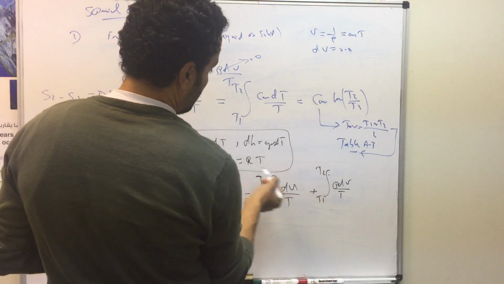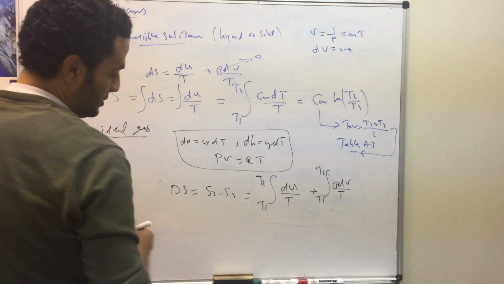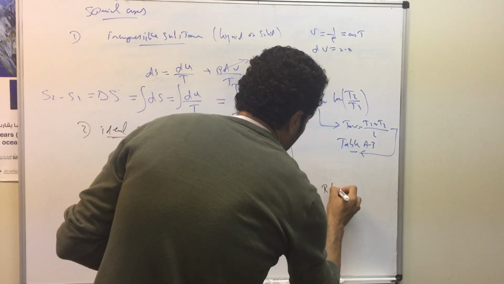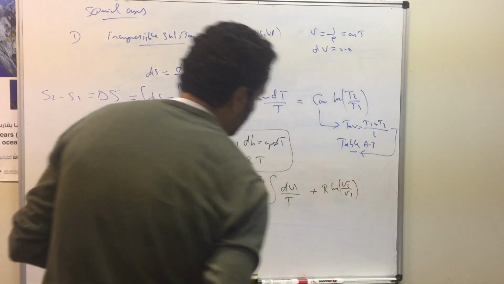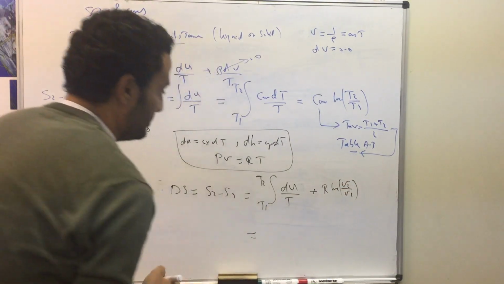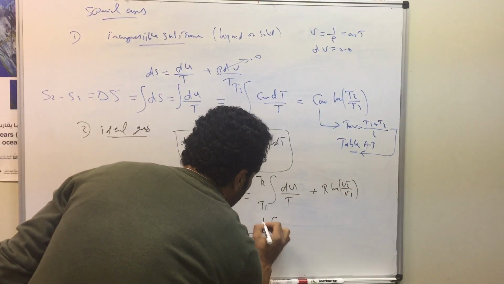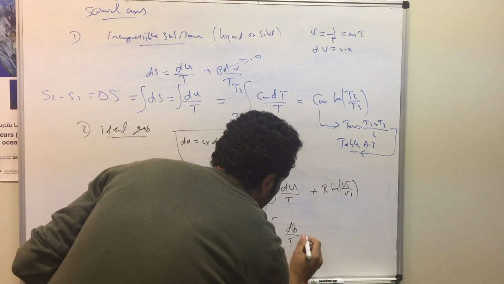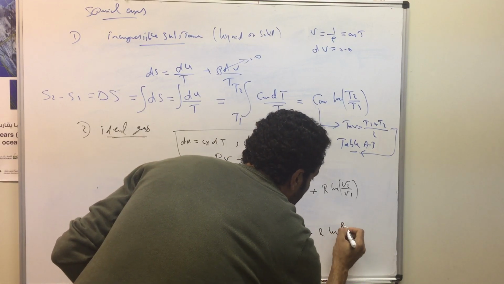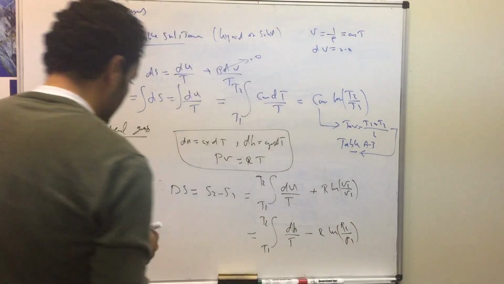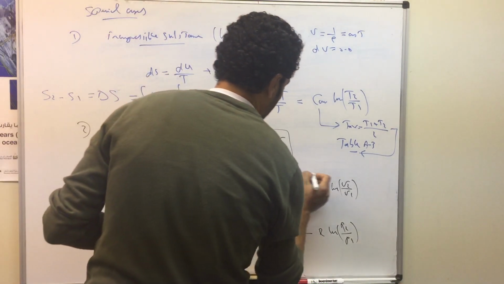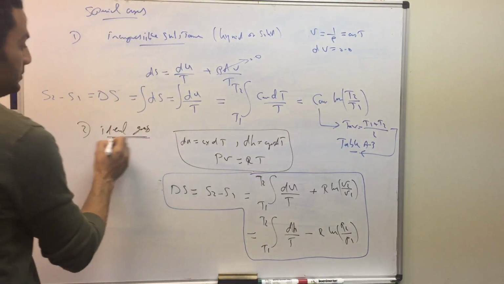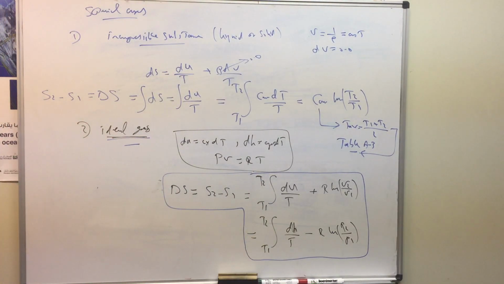If we do this integration, substituting Pv equal to RT, this will equal plus R multiplied by ln V2 over V1 directly. And we do have also the second Tds relation, so this will equal the integration from T1 to T2 of delta H divided by T minus R multiplied by ln P2 over P1. And those are the two relations that I have to use in order to calculate delta S when we do have an ideal gas.